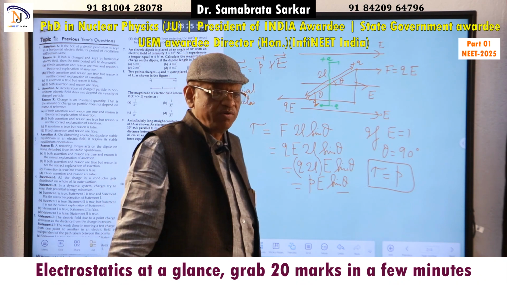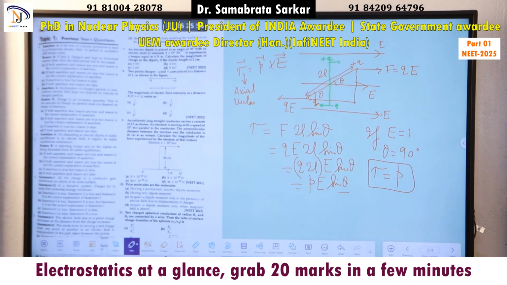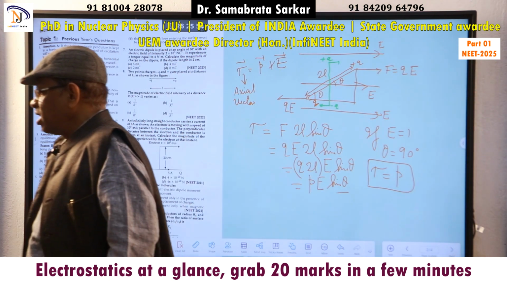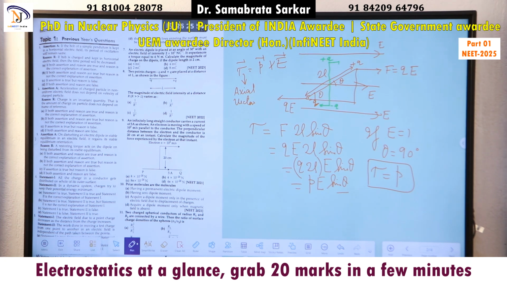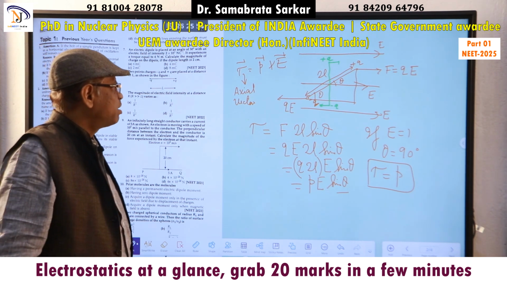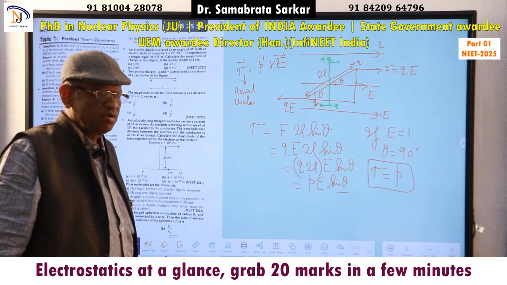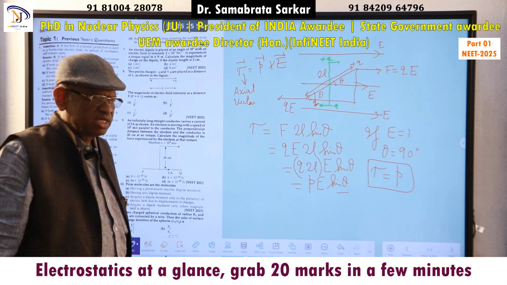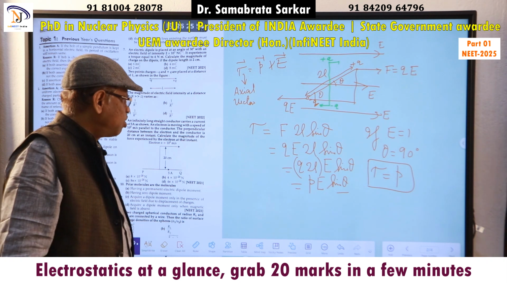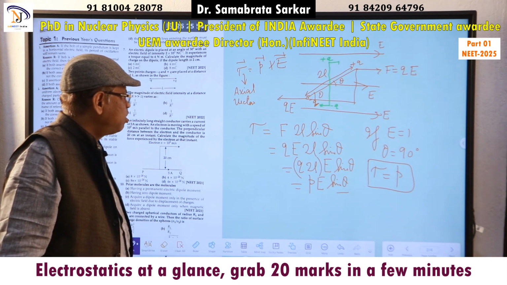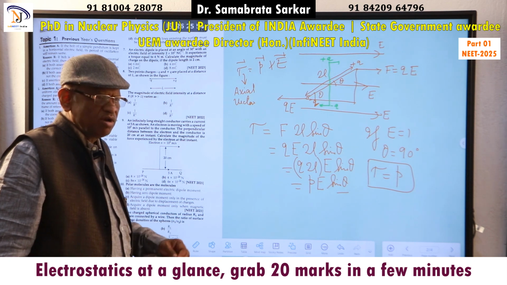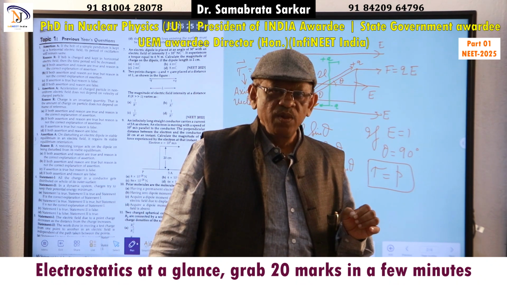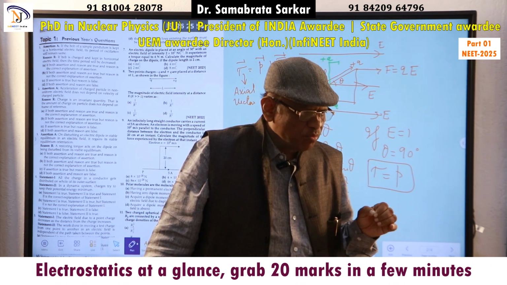The mechanical couple, you write a note, the mechanical couple required to keep an electric dipole perpendicular to the direction of the electric field of intensity of value 1 is called electric moment.